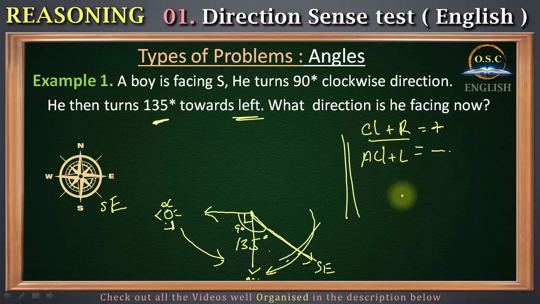So consider what they have given is 90 degrees plus, and next thing we know is 135 degrees left direction. So what will be minus 45. So always remember minus 45.